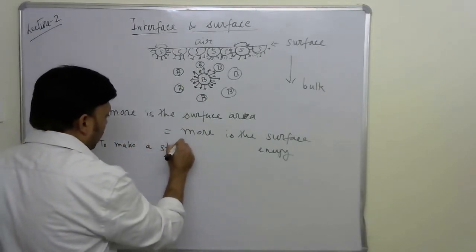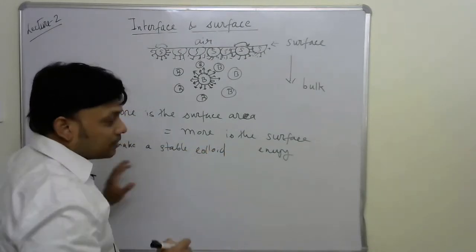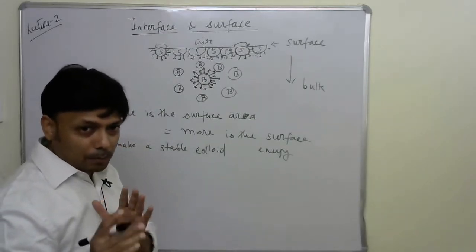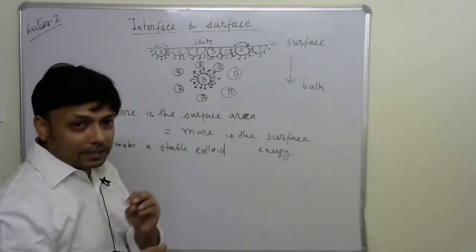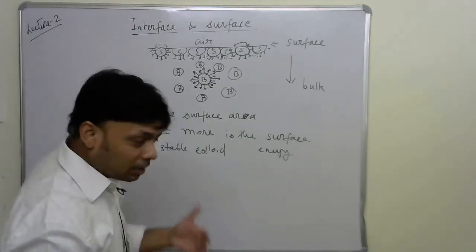a stable colloid, colloid means we are talking about the colloidal size regime, so that means the particles are already in a certain size range from nanometer to micrometer, where, as expected, I have shown you, it is associated with high surface area, means high surface energy.